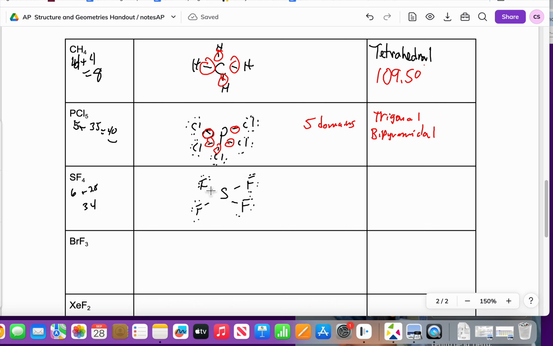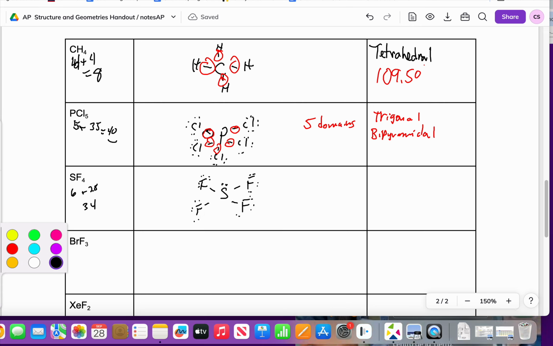Then you count how many electrons you got total. There's 6 on each, 4, 24, 26, 28, 30, 32. I have 2 more electrons. When you have extra electrons, you always add those to the central atom. That gives you 34.